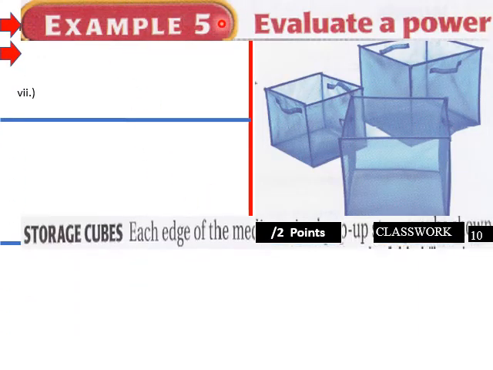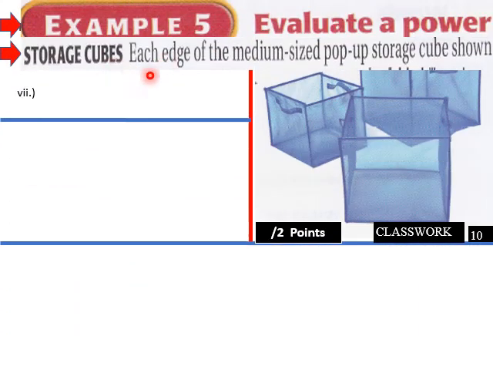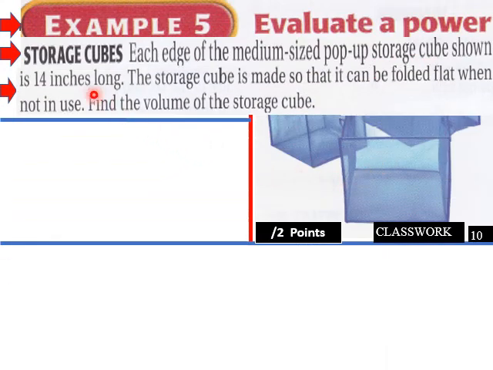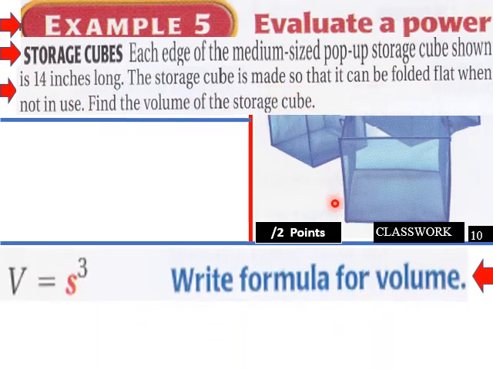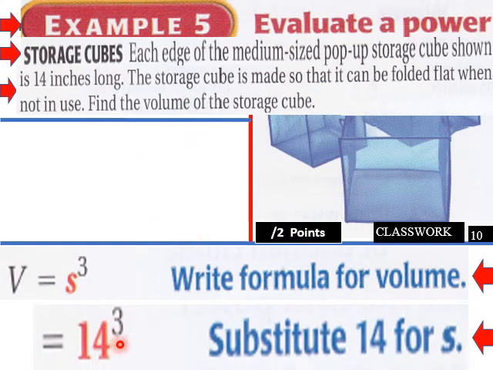Okay. So evaluate the power of storage cubes. Each edge of the medium-sized pop-up storage cube shown is 14 inches long. The storage cube is made so that it can be folded flat when not used. Find the volume of the storage cube. So here's our formula for the volume of a cube, s cubed. We know what s is, right? S is 14.